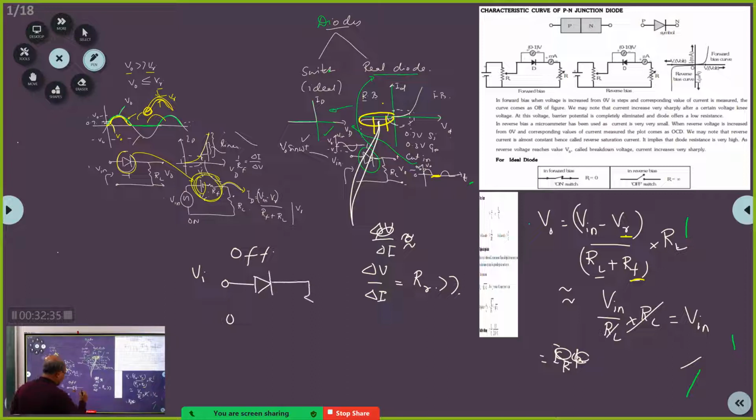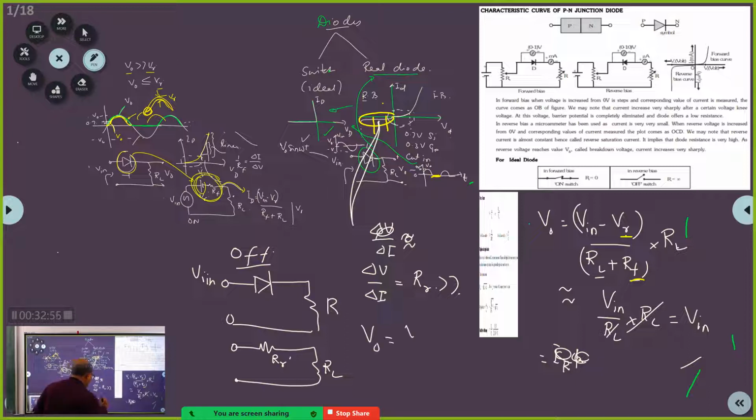You have a diode and you have this RL. Now, when the diode is off, you will represent this diode by RR, the reverse resistance. Now you see, V out will be equal to V in divided by RR plus RL, into RL.